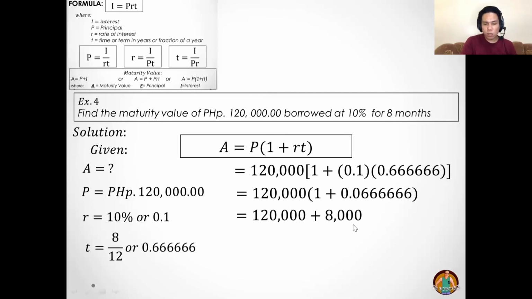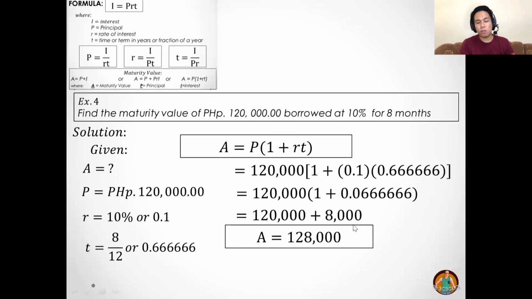Okay, so 120,000 plus 8,000 will give us maturity value of 128,000. Okay? So, yung 120,000 mo magiging 128,000 after 8 months if you have 10% interest rate. Okay?